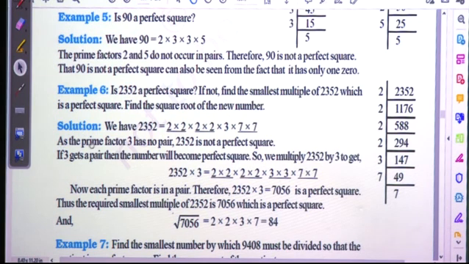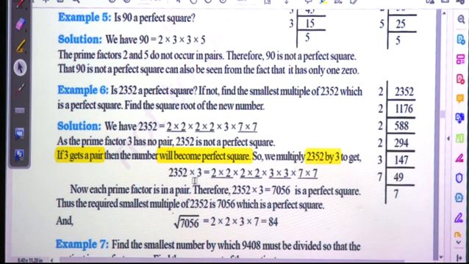Now, we have to find the smallest multiple as per the instruction given in the question. As the prime factor 3 has no pair, 2352 is not a perfect square. If 3 gets a pair, then the number will become a perfect square. So, we multiply 2352 by 3.